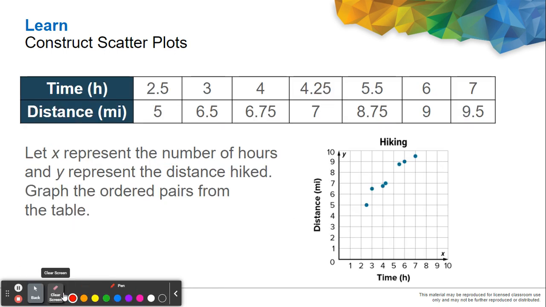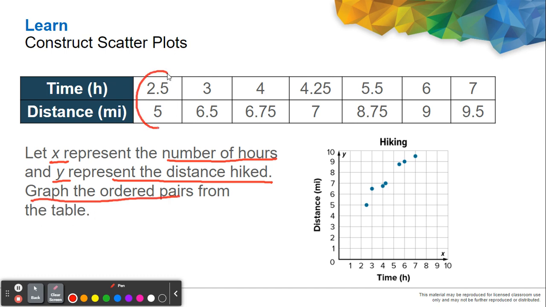As we construct our scatter plot for this data, we let x represent the number of hours and y represent the distance hiked. It is very important when you represent information in a graph to label your x and y axes. We graph data in a scatter plot as ordered pairs.